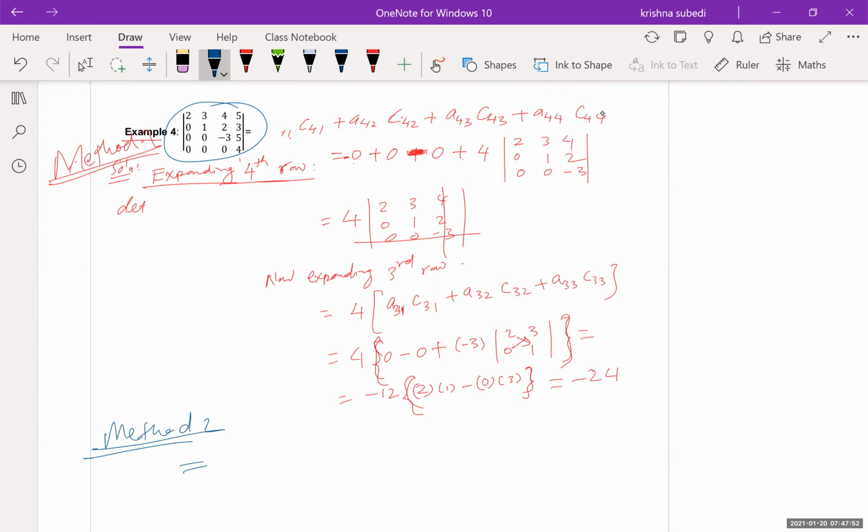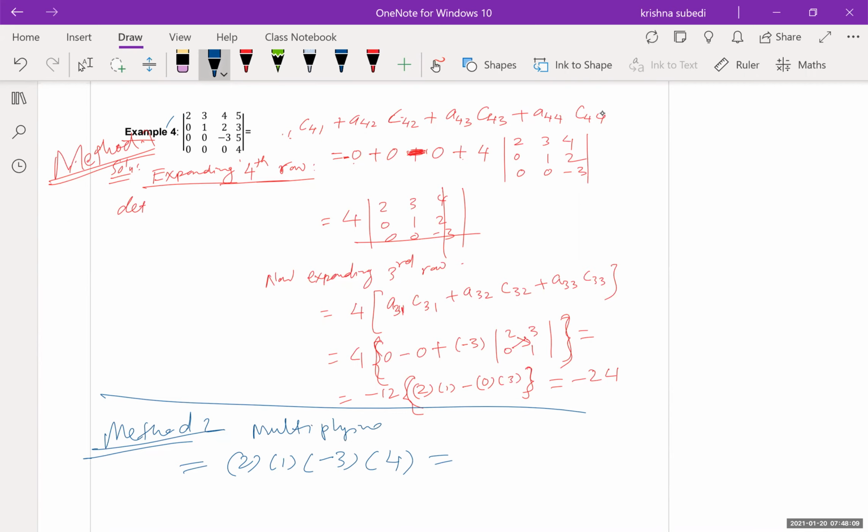I know that this is a triangular matrix, and so I just multiply the diagonal entries: 2 times 1 times negative 3 times 4. So what is that? It's negative 24. So that's how we do it. I don't want to spend that much time.